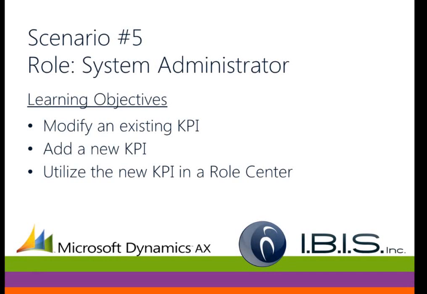In this fifth scenario, you will use the SQL Server Business Intelligence Development Studio, or BIDS, to customize Microsoft Dynamics AX 2012 pre-built cubes. Your learning objectives will be to modify an existing KPI, add a new KPI, and utilize the new KPI in a role center. Your first task is to modify the existing sales KPI for a pre-built cube.